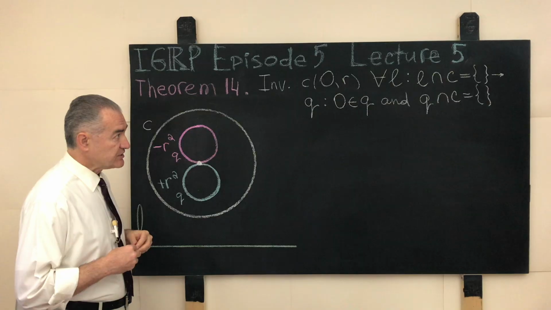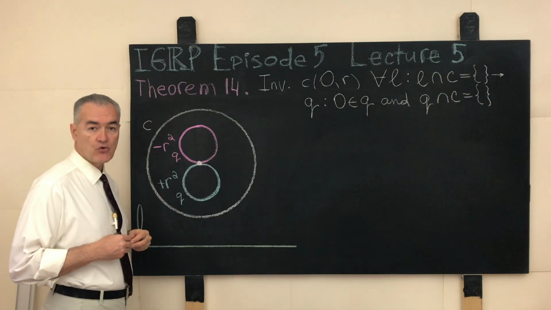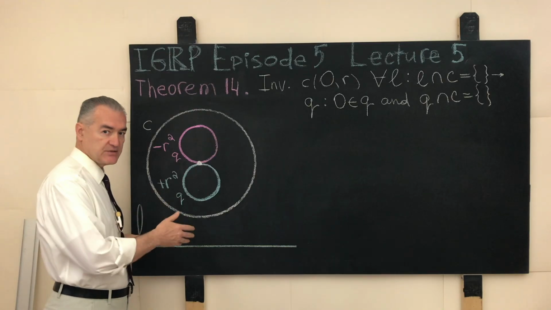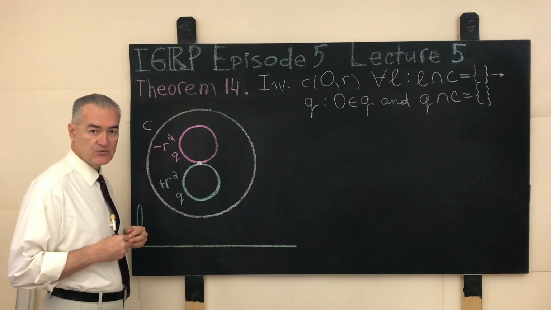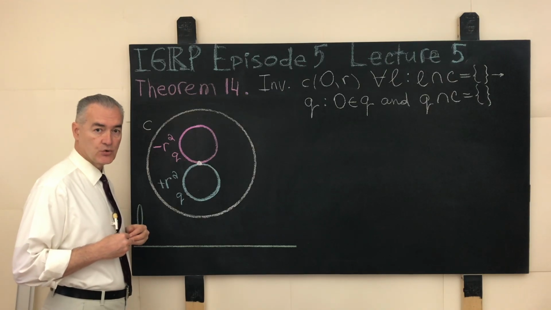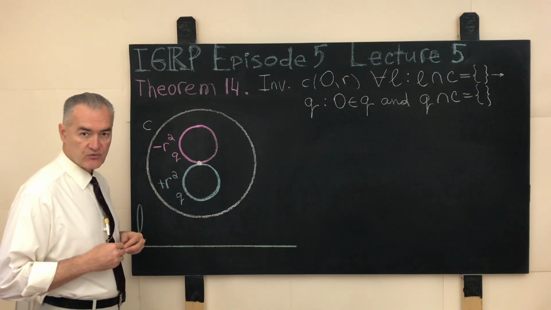From the statement of this theorem, it follows that the theorem holds true for both powers of inversion, positive and negative. And the only difference between these two powers of inversion is the location of the image circle with respect to the center of inversion.